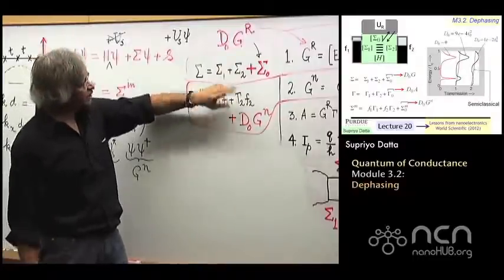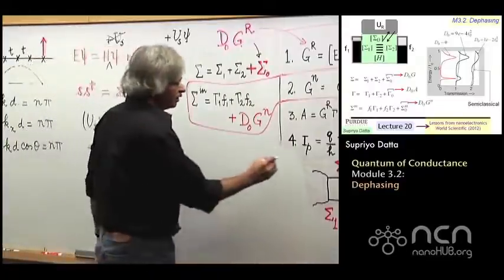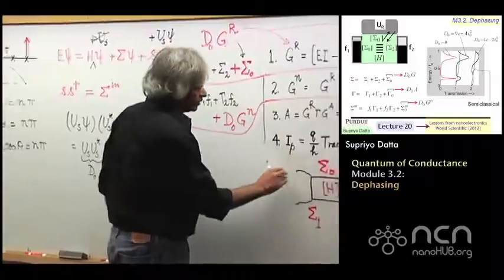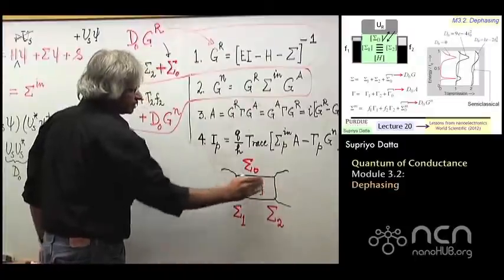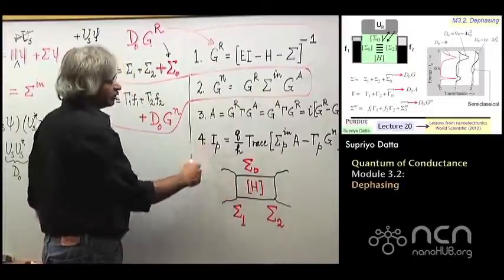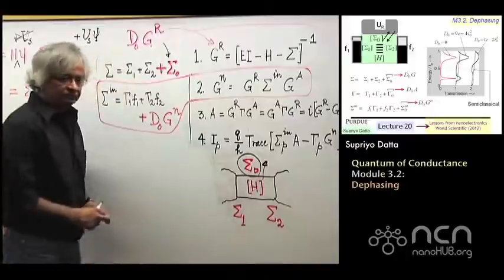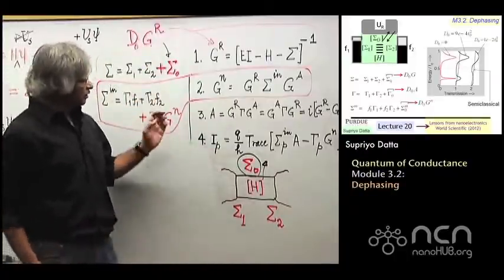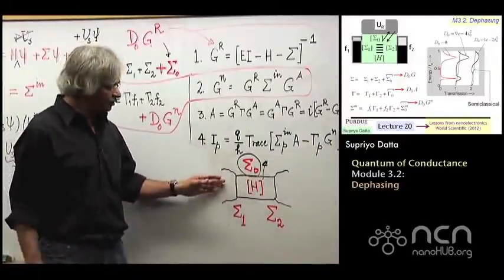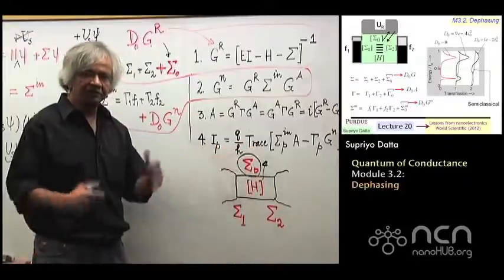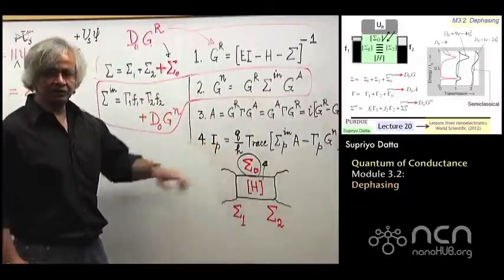And what is shown in the notes is that this combination automatically makes sure that, if we calculated the current, using this expression usually used to calculate the current at the real terminals, but now at this terminal represented by sigma 0, this particular choice will ensure that the current at that terminal is 0, as it must be. After all, electrons cannot be disappearing here. There is no real terminal there to extract electrons.